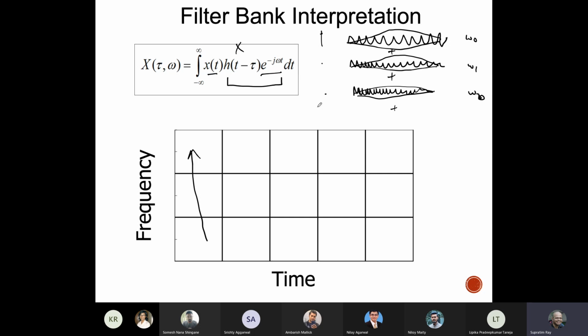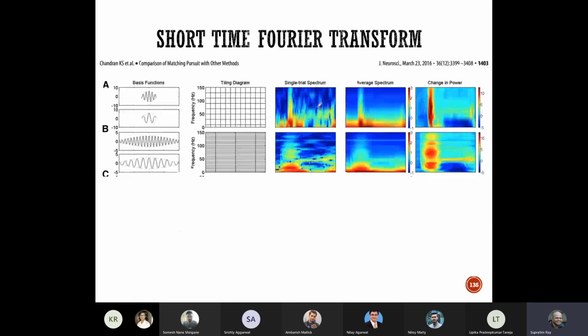Okay. So what are we doing when we have the multi-taper method? You have got several tapers. You've got several windows which you are going to be multiplying with the same function.